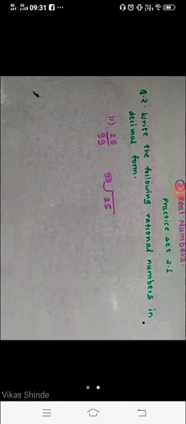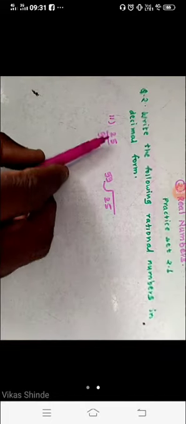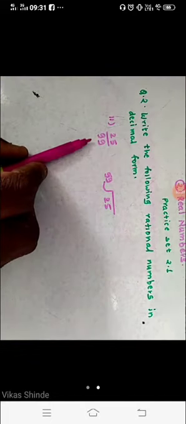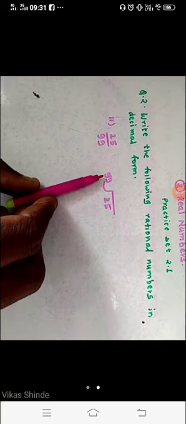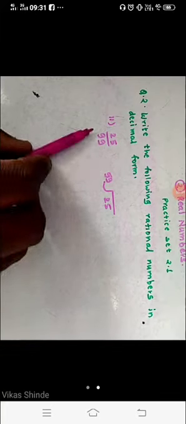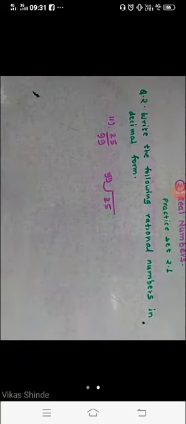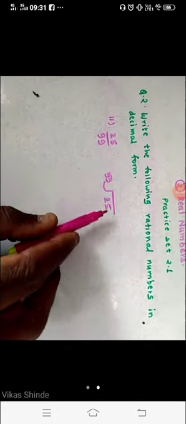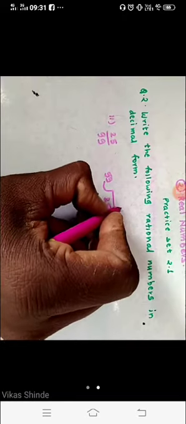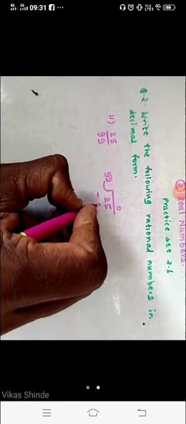Now see here, 25 upon 99. We have to write 25 here and 99 here. Now we have to divide 25 by 99. This is less than 99, so first we write 0.